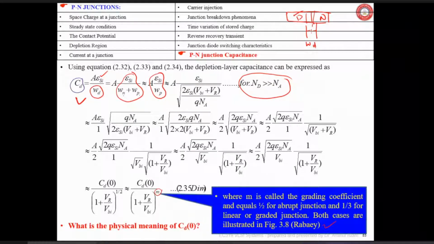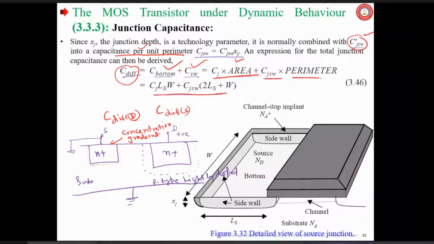Here, since the channel stop is P plus and your diffusion side is N plus, both sides are heavily doped. So the depletion layer will be more or less the same on both sides, and we cannot approximate in that case. But otherwise, we can approximate as WP and ignore WN.